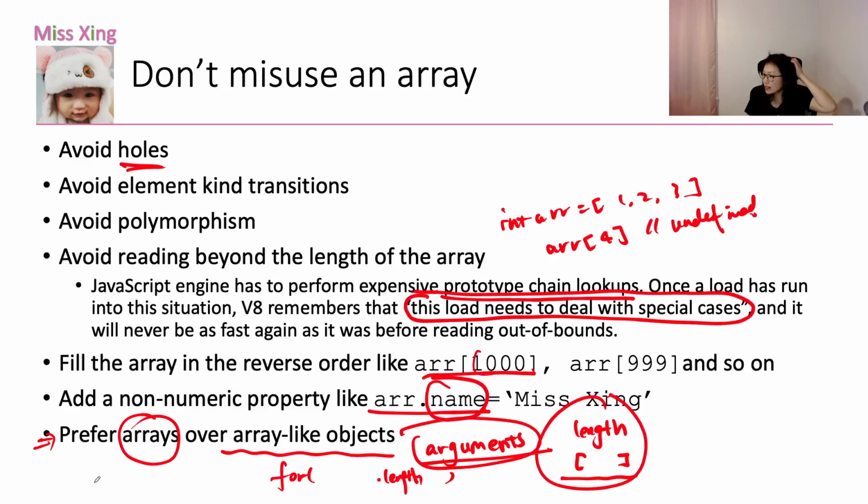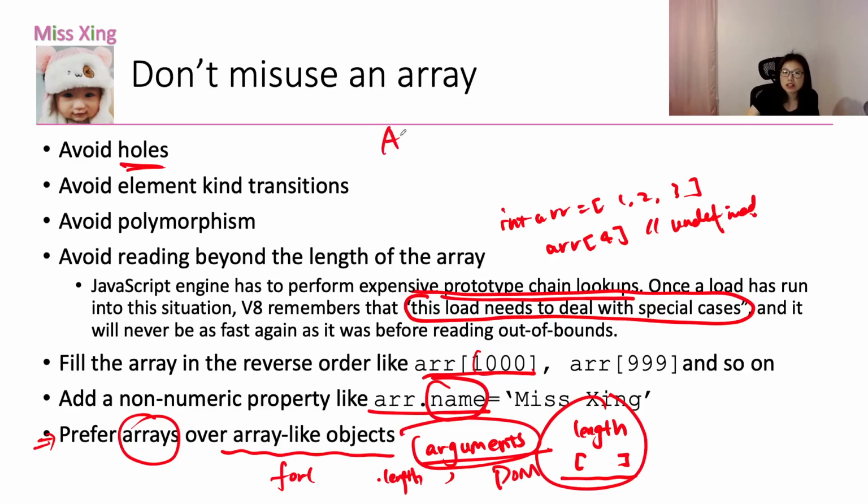You will learn in the future that when we use the DOM APIs to query objects, they will also return array-like objects, but they are not arrays. You can convert those array-like objects into arrays.